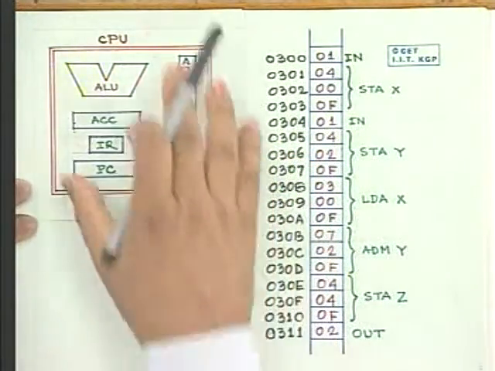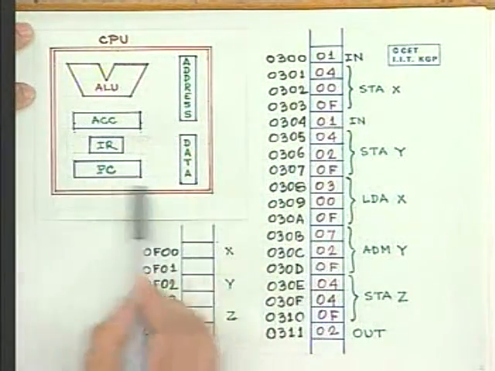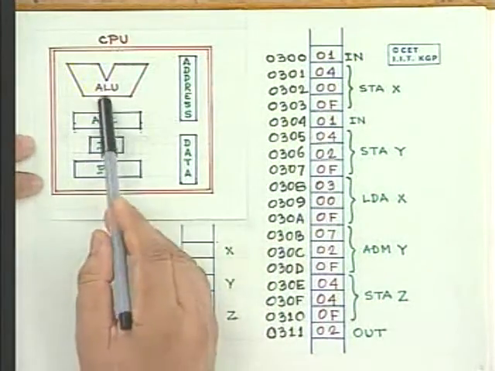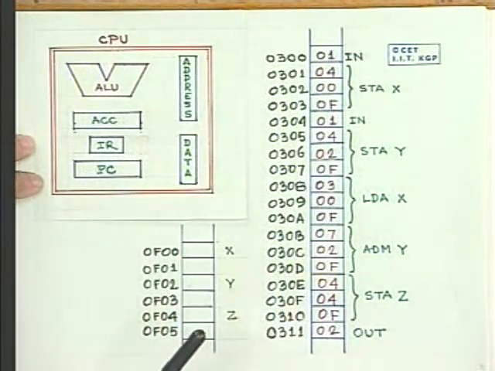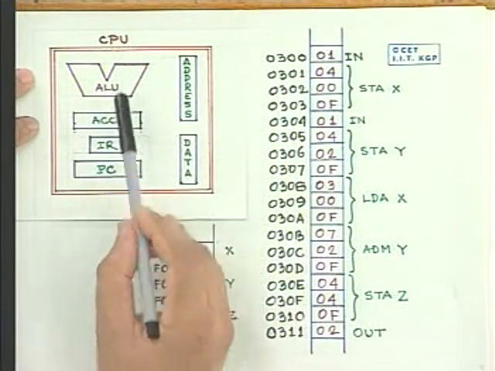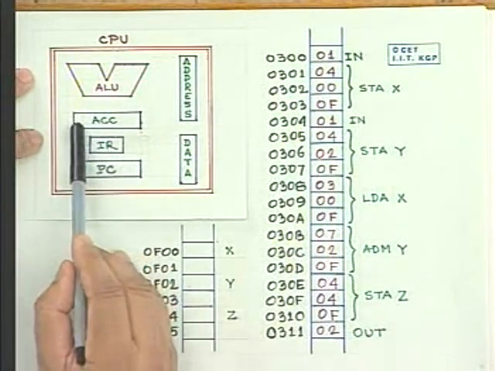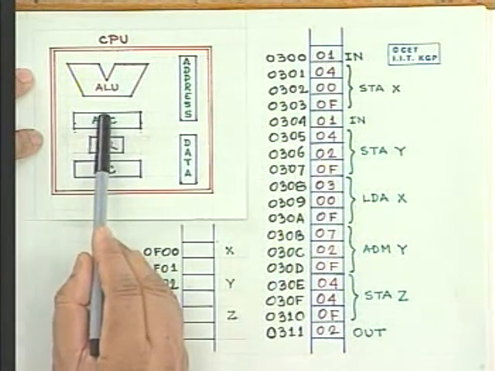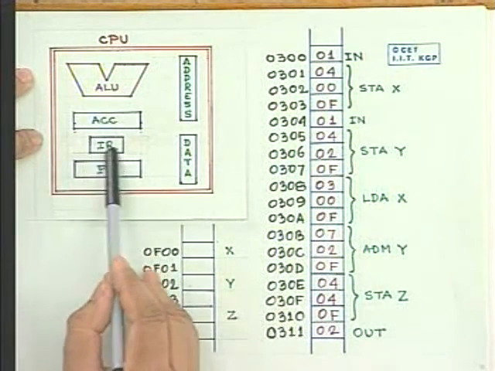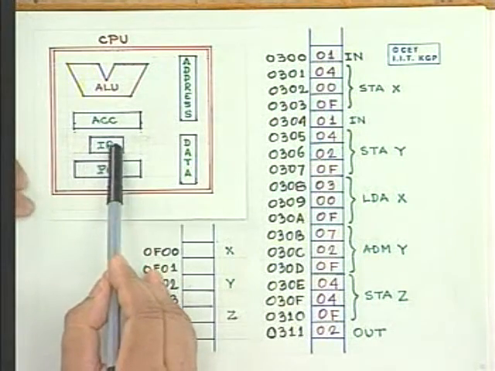Now, let me import what we call a central processing unit. A few of the components of the central processing unit I have shown here. One is the arithmetic and logic unit. The accumulator that I am talking of, I am assuming to be 16 bits long, that means 2 bytes wide. This is a 1 byte wide register.